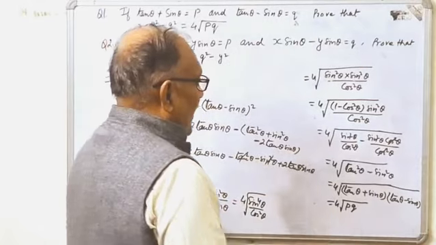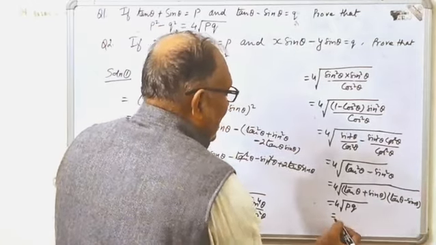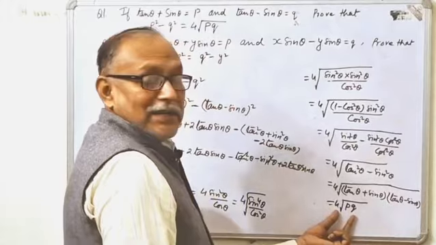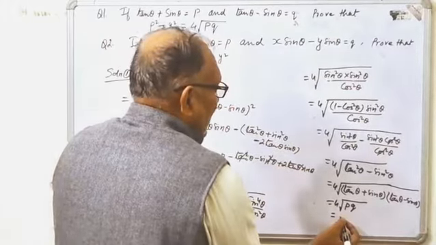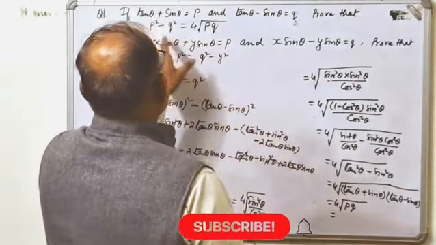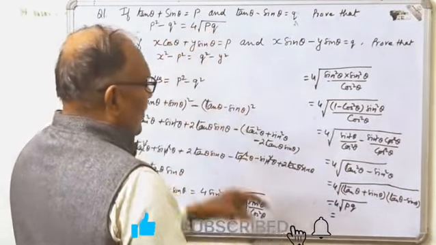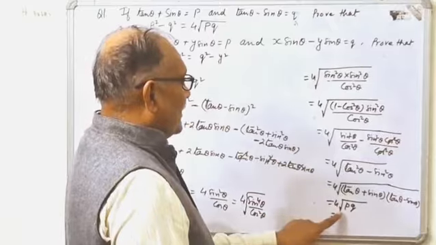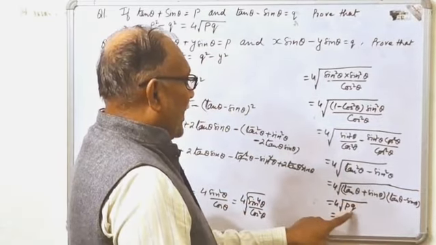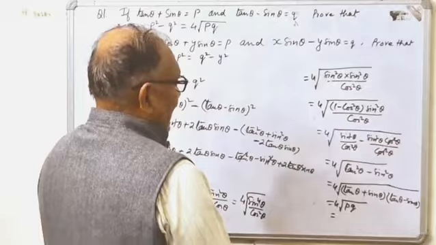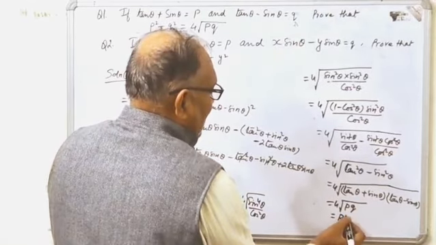So we have reached our final result, that is p square minus q square is equal to 4 under root pq, and here 4 under root pq is equal to RHS.